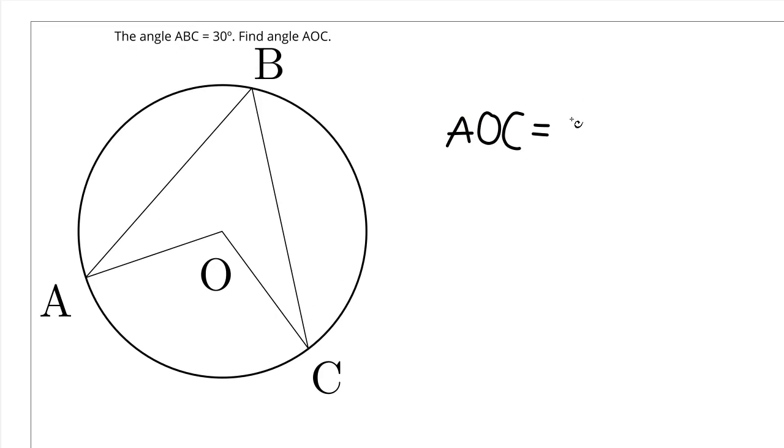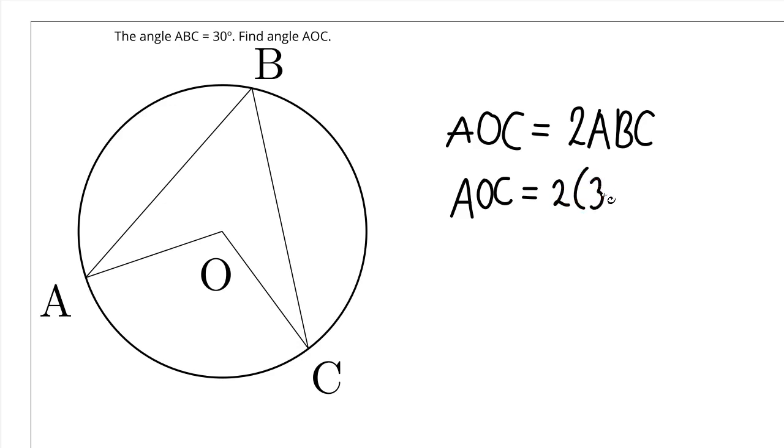So the angle AOC is equivalent to 2 angles ABC. And we know that the angle ABC is equal to 30 degrees. So AOC is 2 of 30 degrees. AOC is equal to 60 degrees. And that's the answer.